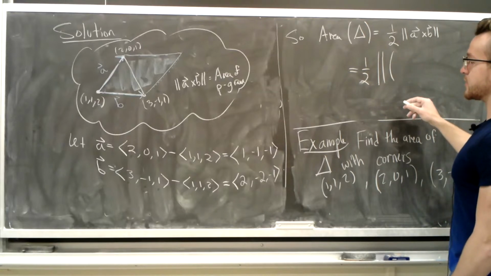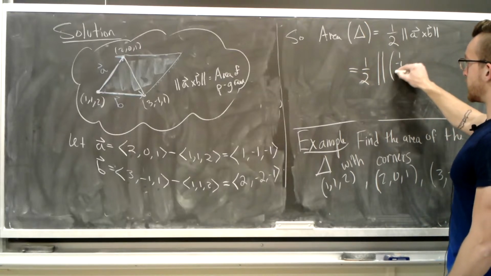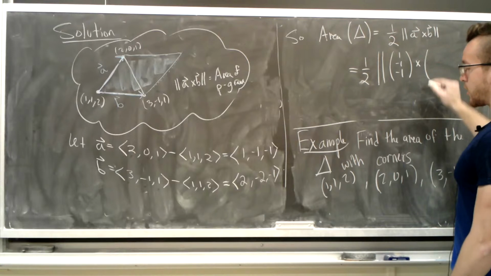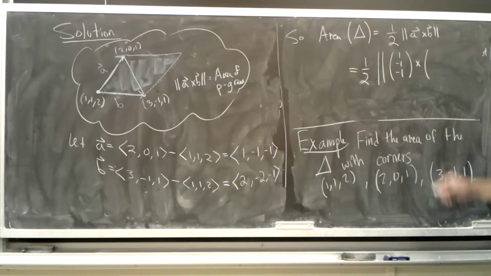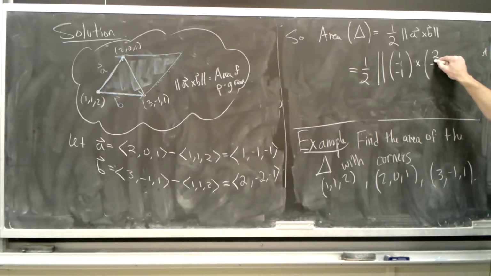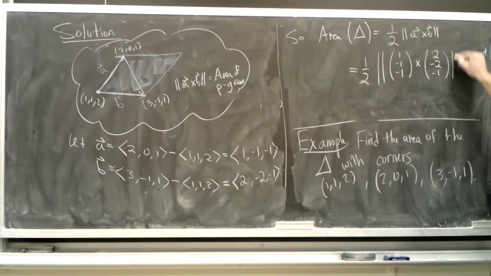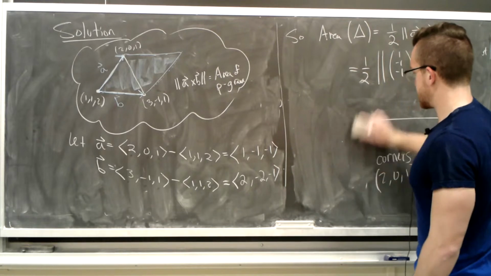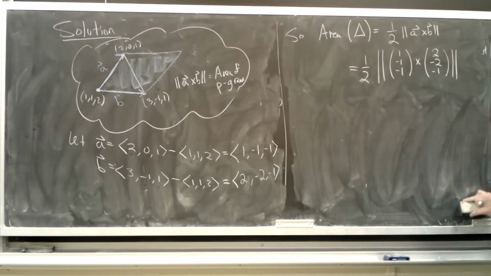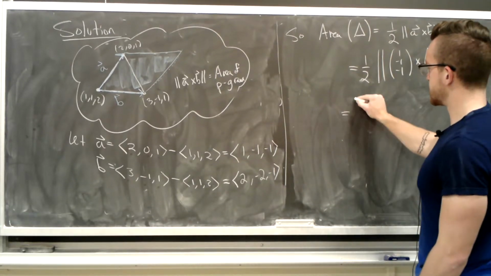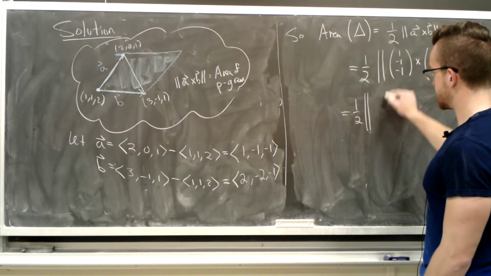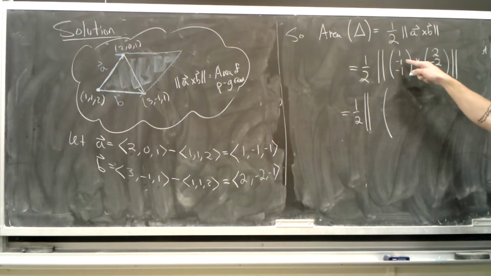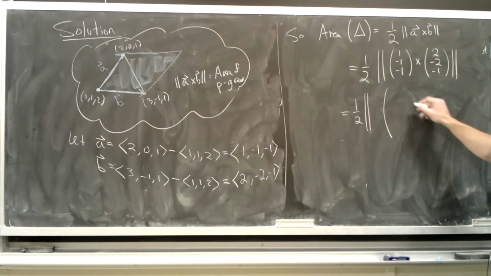So this will be (1, -1, -1) cross (2, -2, -1). Which will be 1 minus 2 is negative 1.